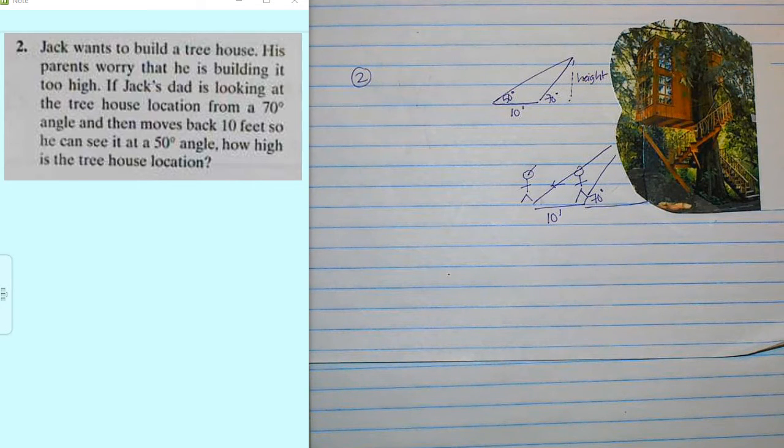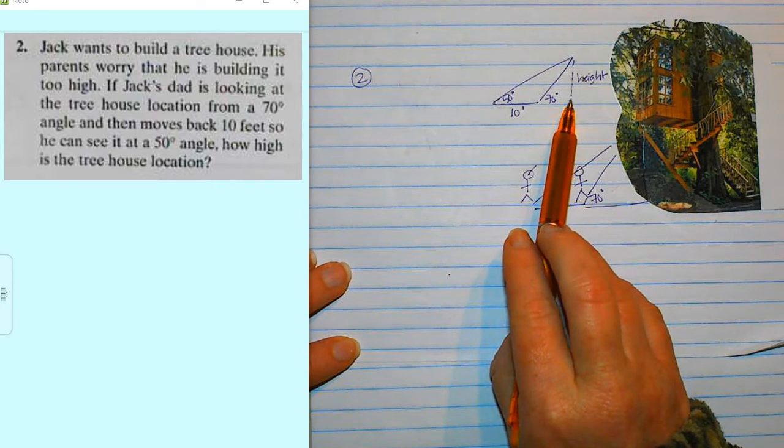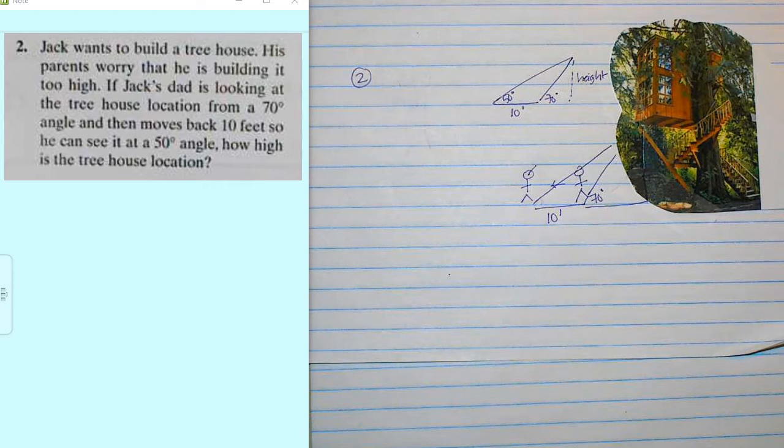So in a way, this is like our balloon problem example where we've got a triangle that's drawn, and then we have to draw that right angle for height as a secondary condition. So you'll have to use this triangle first, and then you'll have to use the information gathered from this triangle to figure out height. So you need to figure out the puzzle pieces and what you need to find first in order to do this problem. But this is an image of what can get you started.